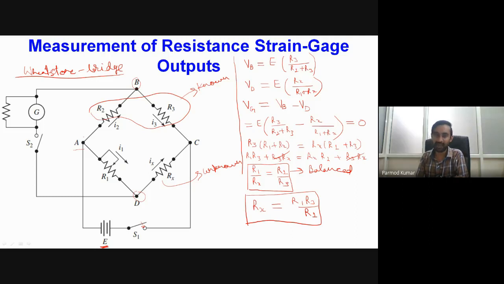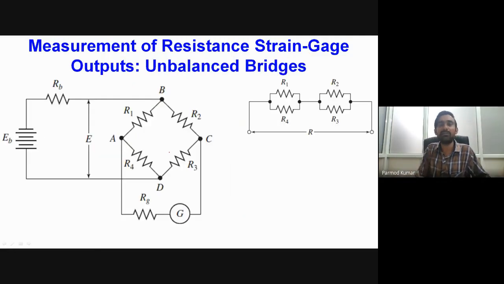If we have dynamic or transient measurements, what will happen? We will not get sufficient time to adjust this resistance in order to obtain the value of the unknown resistance. So when we have unbalanced circuits, dynamic conditions where our signals are actually changing dynamically, instead of going for the balanced Wheatstone bridge, we have to go for unbalanced bridges.